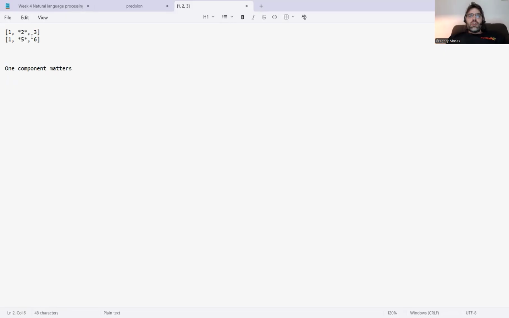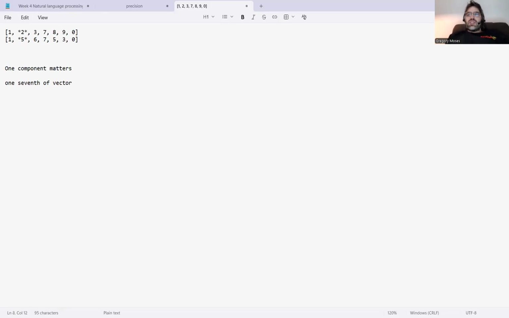Well, here the components that matter are 1/3 of the vector. If we add a bunch of other stuff, suddenly this component we actually care about is 1/7 of the vector.